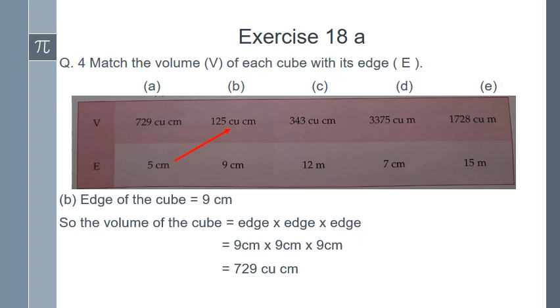So children, now what we are going to do? We are going to match this 9 centimeter in the edge column with 729 cubic centimeter in the V column. So this way we have matched 9 centimeter with its volume 729 cubic centimeter.